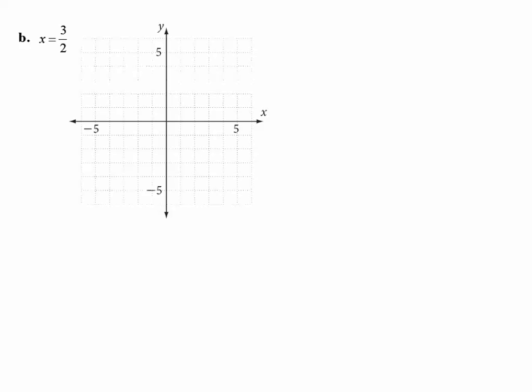Alright, my little problem is 3 halves. Do I know where that is exactly? Should I change it to a mixed number? I probably should change it to a mixed number. That'd be 1 and 1/2. Right? 2 goes into 3 once, with 1 left over.